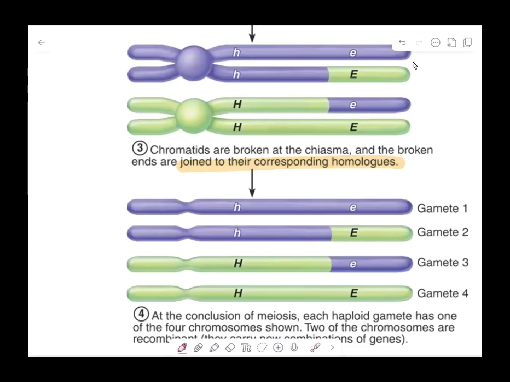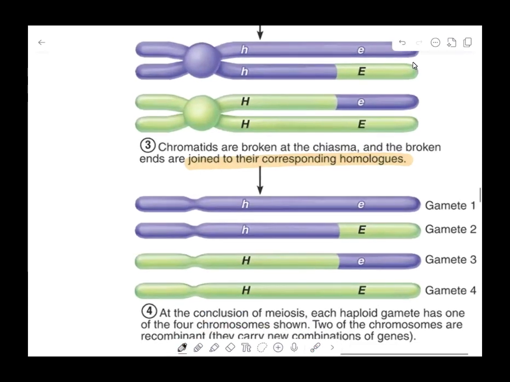For example, in gamete number 1, we have blonde hair and blue eyes. That's represented in gamete 1 by a lowercase h, recessive, and a lowercase e, recessive as well.